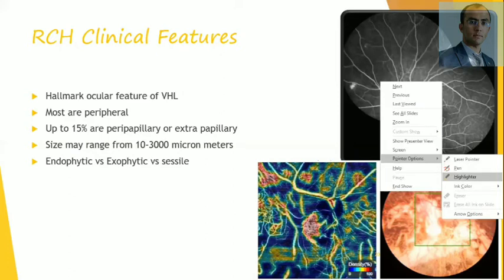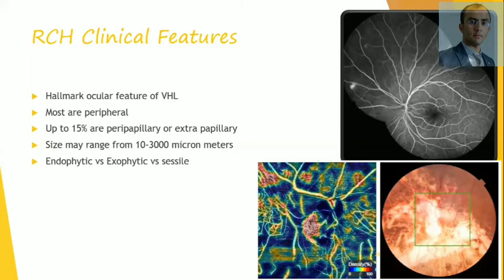Over here we can see the fluorescein angiogram of 3 lesions. All these are peripheral lesions, and they are quite well defined, although the lesion over here is very small, but we can just see it. On the right lower corner image, this is a clinical image, although a bit washed out, the lesion is not really that clear.